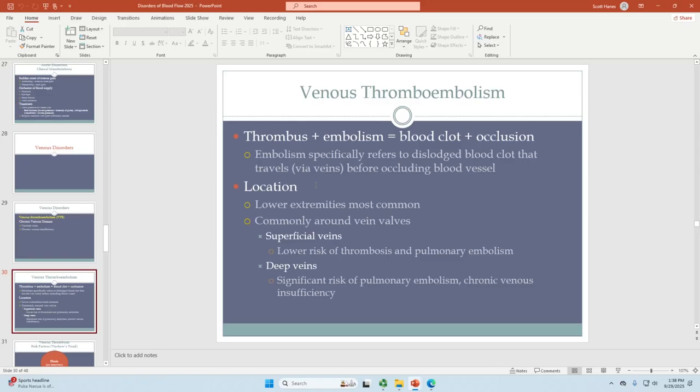But should you get a thromboembolism in the deep veins, particularly in your legs, those are more concerning. Okay, so superficial, not so concerning. Deep veins are very concerning because those tend to be larger, because they're in bigger veins, and then have much more of a risk of pulmonary embolism.